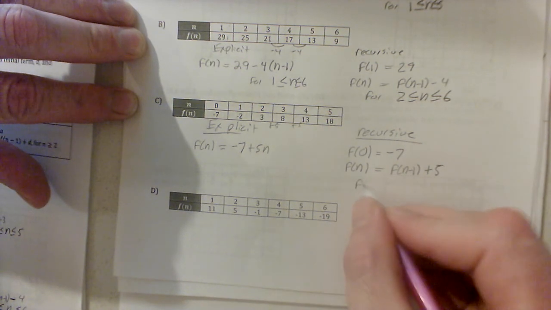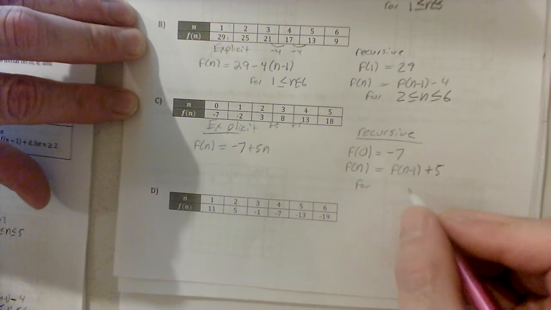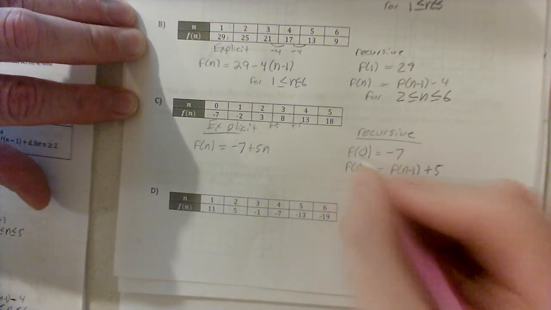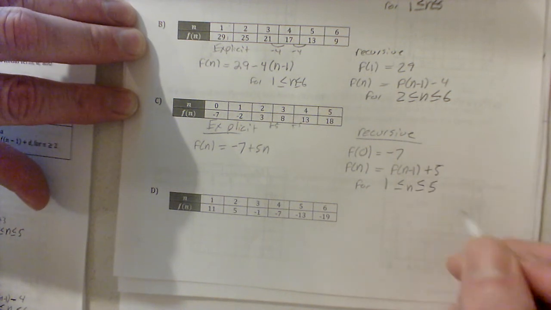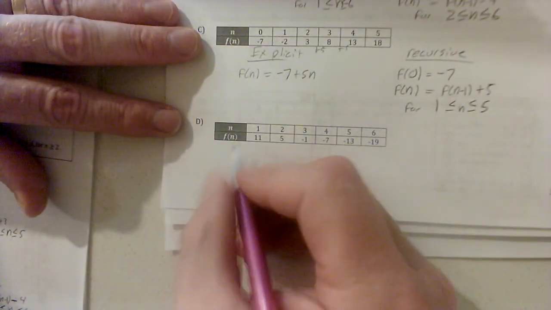All right. For n, what do we got here? Look, we got our 0 here, so I'm not going to include that. 1, 2, in this case, 5. Here we go.